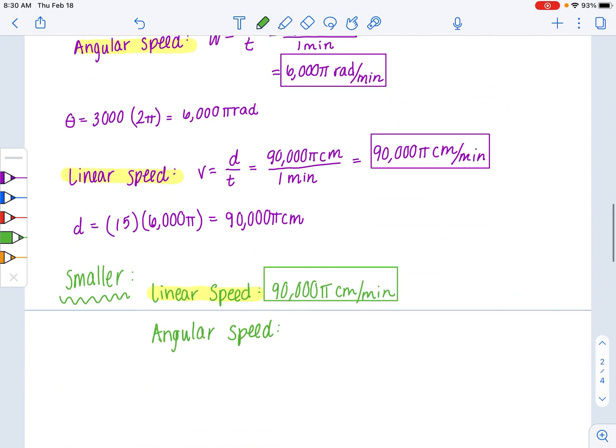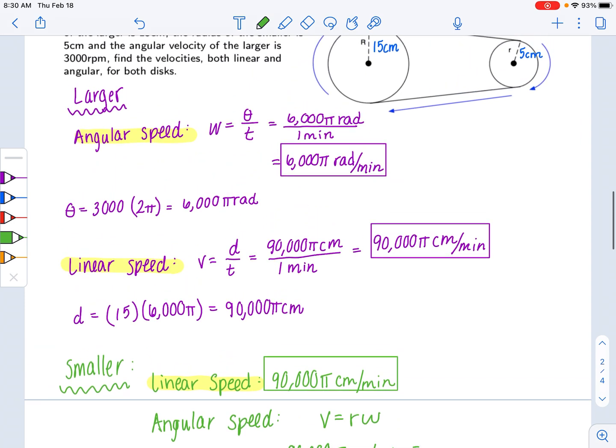Let me show you what I mean here. We're going to use this formula to help us. We know the linear speed from above is going to be that 90,000 pi. We know our radius of the smaller is 5.